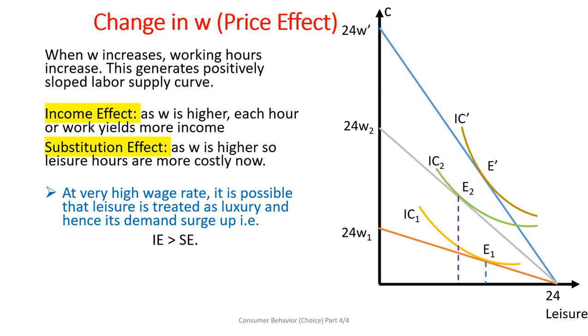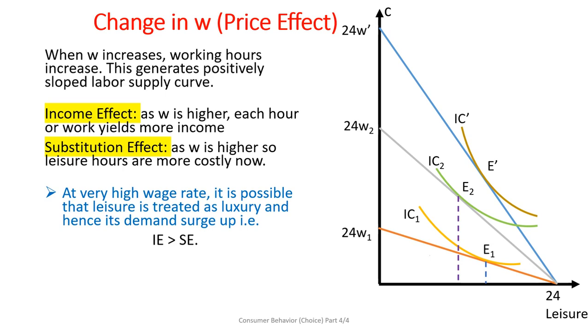And we know that leisure is a luxury commodity and luxury commodities' demand increases as the income of the person increases. So therefore it is possible at a very high wage rate that income effect outweighs the substitution effect.